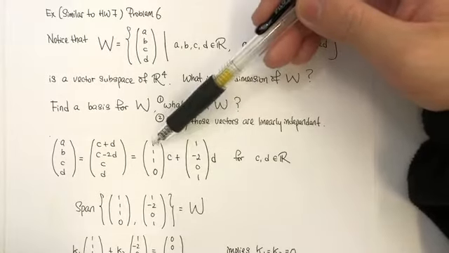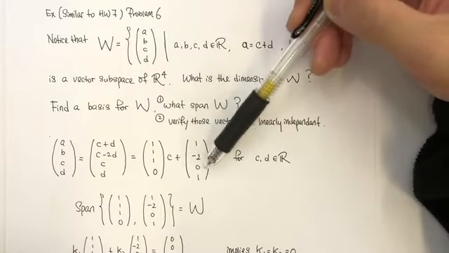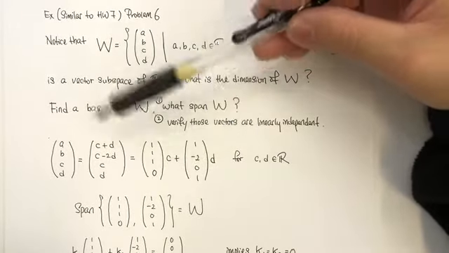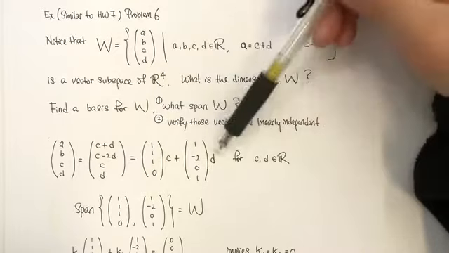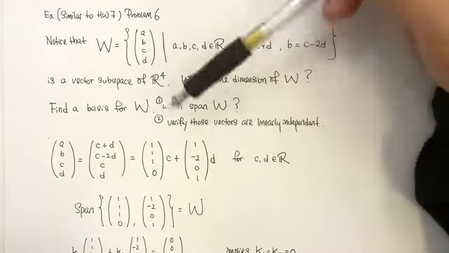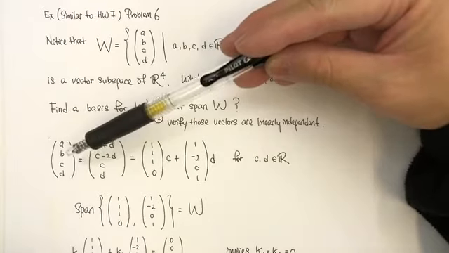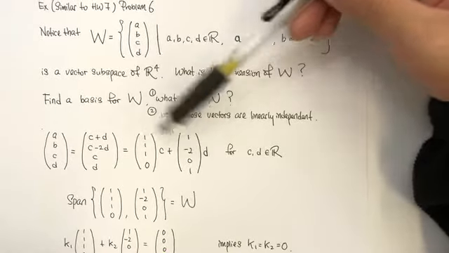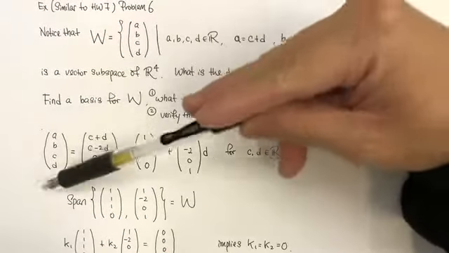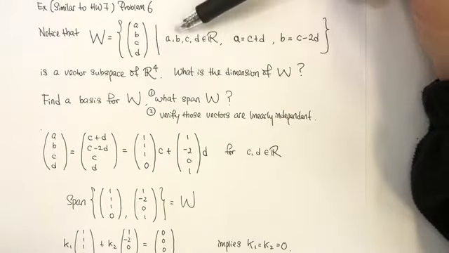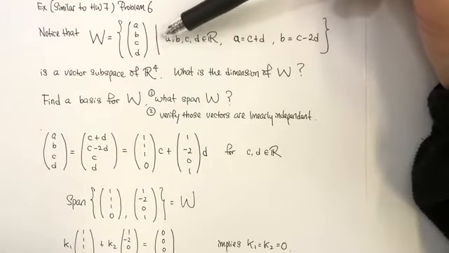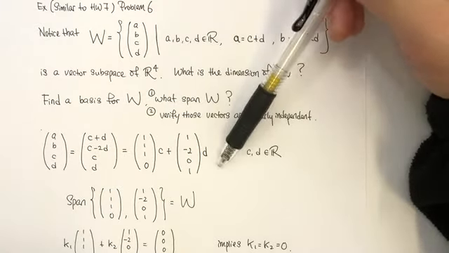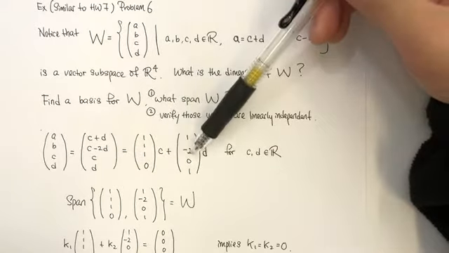And this can be written as (1, 1, 1, 0) times C, plus (1, negative 2, 0, 1) times D. You see that? (1, 1, 1, 0) is multiplied by C, and (1, negative 2, 0, 1) is multiplied by D. What this means is that any arbitrary element from this set W can be written as a linear combination of these two vectors: (1, 1, 1, 0) and (1, negative 2, 0, 1).